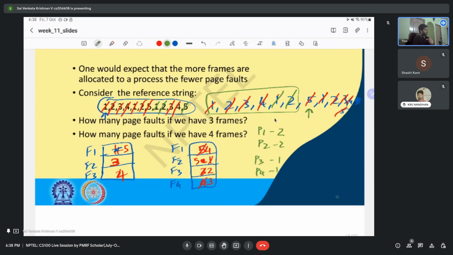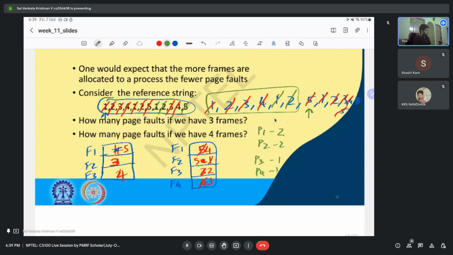So it is most probable that a new reference will also point to one of these P1 or P2 pages; the probability is higher. That's what the LRU policy is focused on, that intuition.